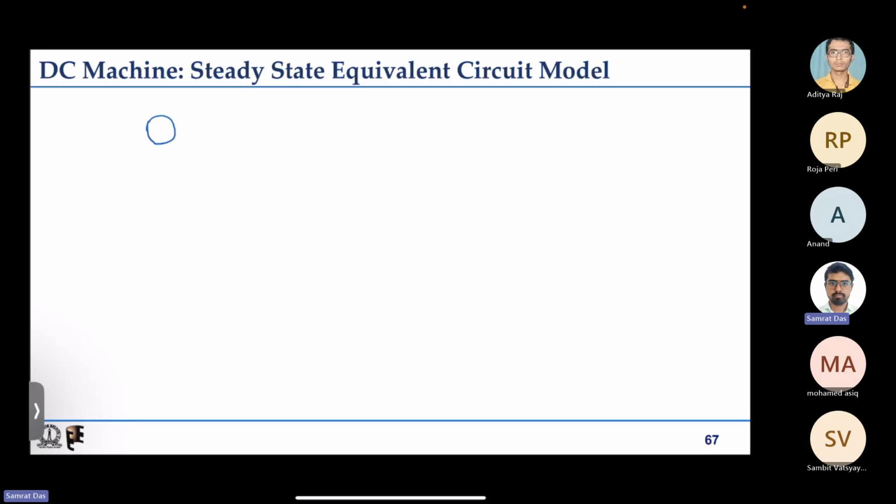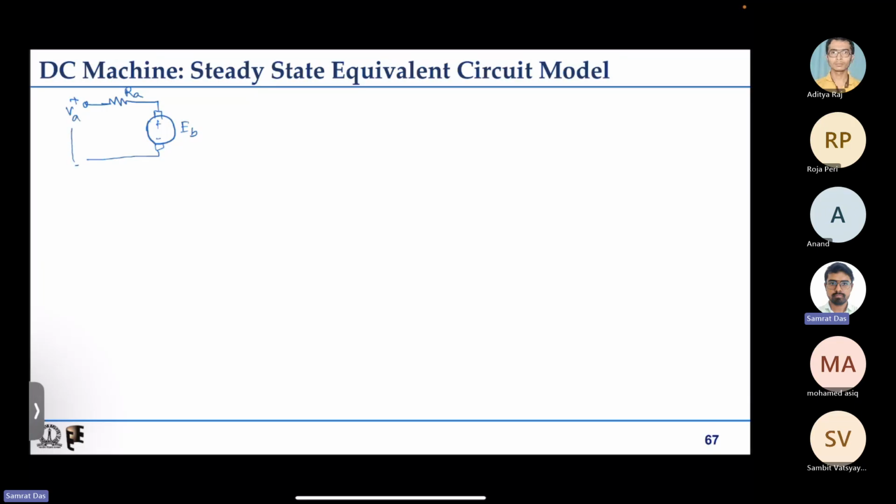In the armature circuit there will be some induced EMF, say EB. There are brushes and armature winding, and any winding will have some resistance, so we put Ra, the armature circuit resistance, and we excite it with a DC voltage, say Va. This is what we inject.